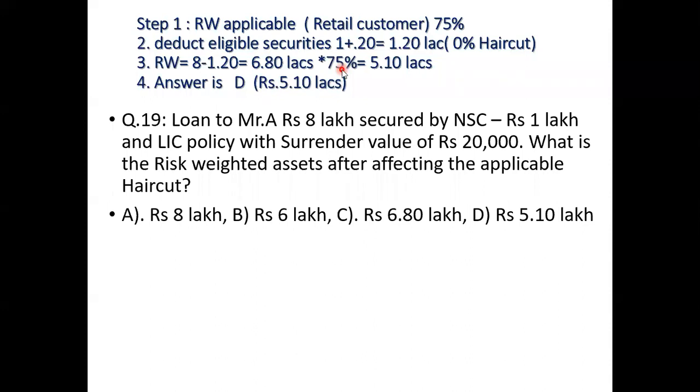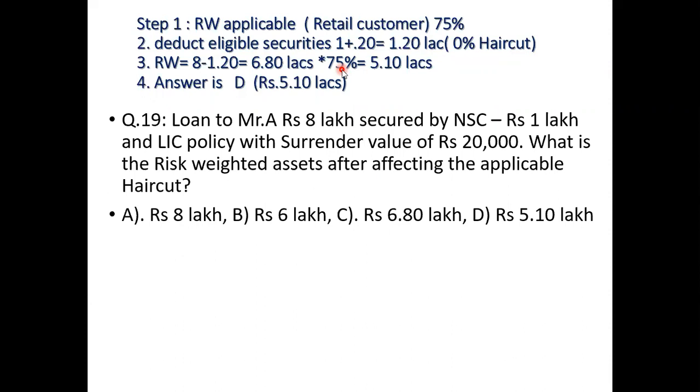What is the credit conversion factor? For collateralized LC, only 20% is the CCF. For bid bond guarantee, 50%. For performance guarantee, 50% CCF. CCF means credit conversion factor. These things are repeatedly asked.